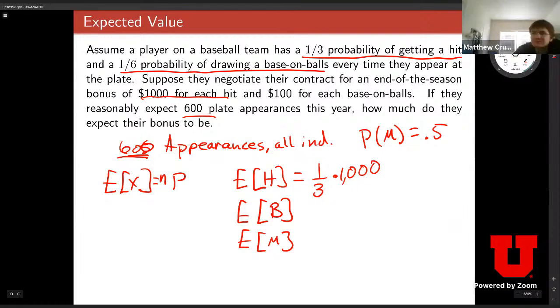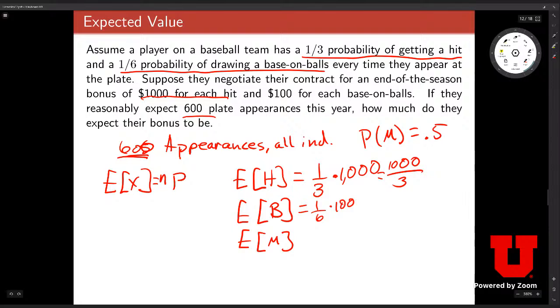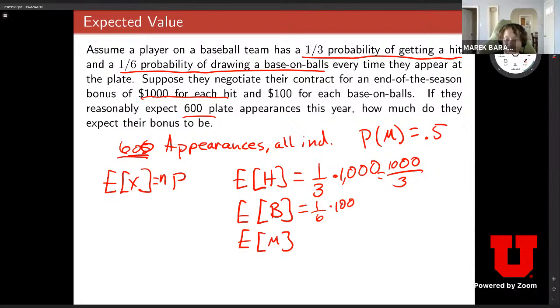So we're expecting 1,000 over 3 for the hit case. For the base on balls, how much do we expect? So we get 100 over 6. Yep, 100 over 6. And for a miss, he gets paid 0. So 0 times anything is 0. So now we can sum these up.